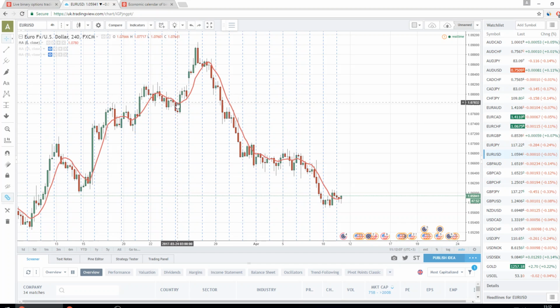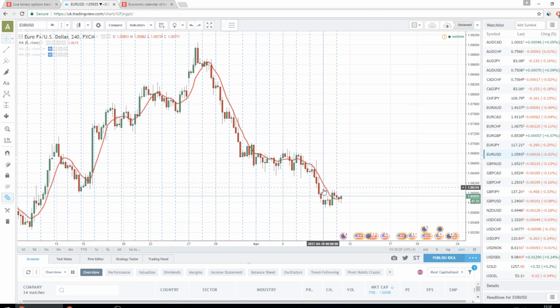If they are below, it means that the trend moves down. As simple as that. When the moving average crosses the candles, it means that the trend can change, and at that time we need to pay attention to further events and changes of the market.